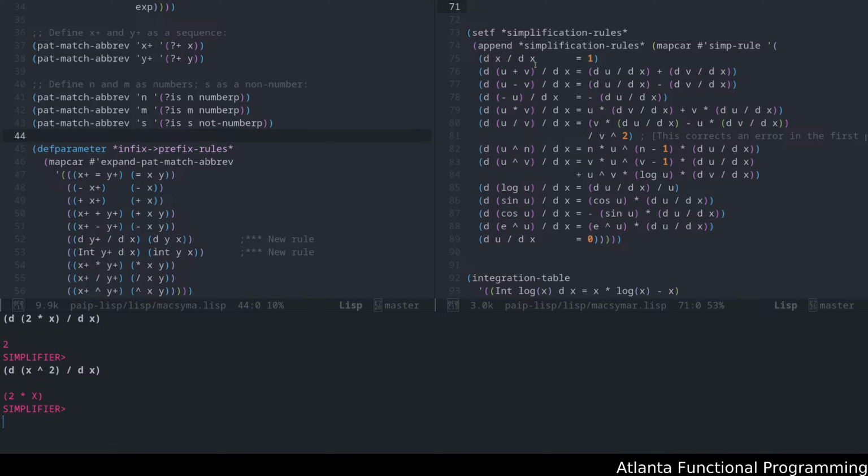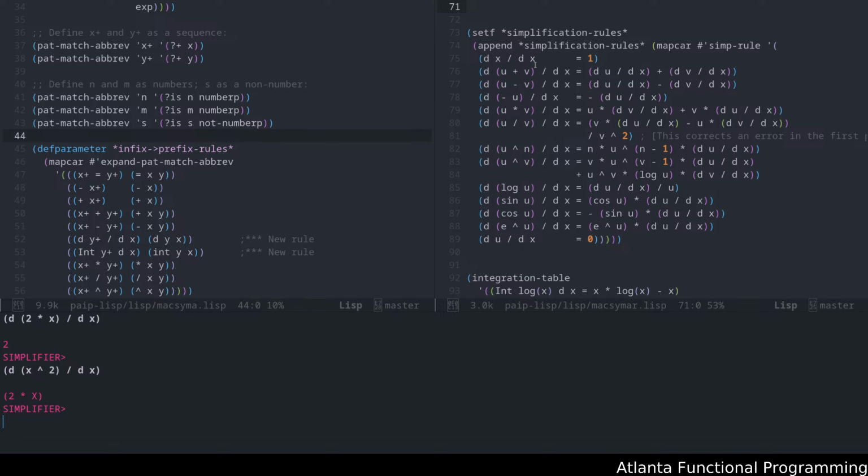So in the case of the 2x, it will naturally apply rule 82 there. Okay, u to the n, where u is a symbol or a function, and n is a number. It'll go through and run that equation times du by dx.